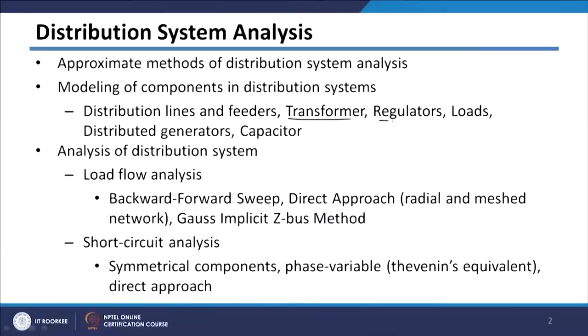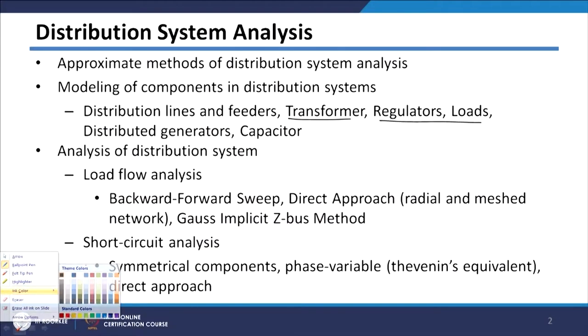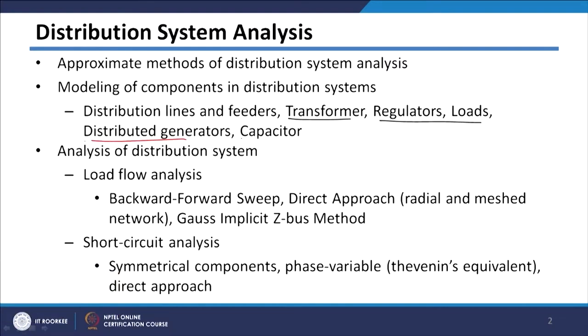So, we have seen detailed analysis, or you can say modeling, of distribution system components, and these models include distribution lines and feeders, transformers, regulators, loads, distributed generation and capacitors.